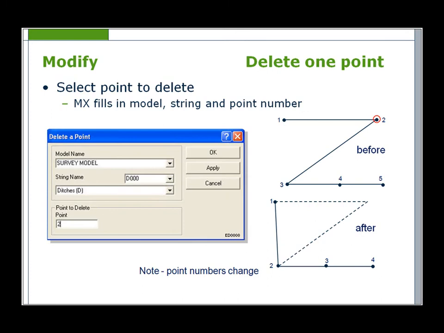So the link from point 1 to 2 and 2 to 3 will automatically be deleted along with the point. But what MX does, it then joins up point 1 to the former point 3, which is now point number 2, and then resequences the point numbers.